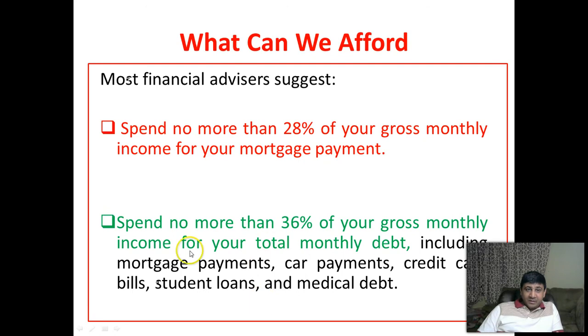At the same time, you should not spend more than 36% of your gross monthly income on your total monthly debt, including mortgage payment, car payments, credit cards, bills, student loans, medical bills, everything. You should not go beyond 36%. As I said, most financial advisors suggest that. I'm not a financial advisor, I just copied it from your book.